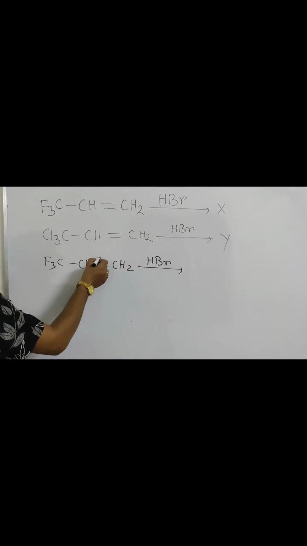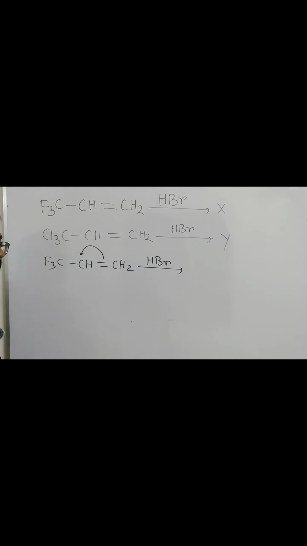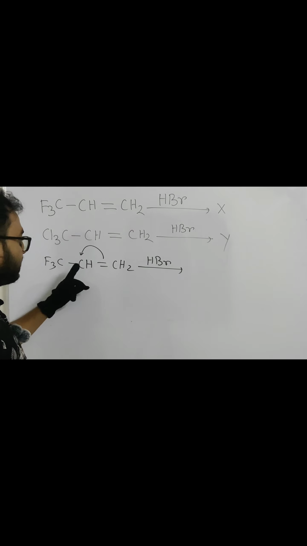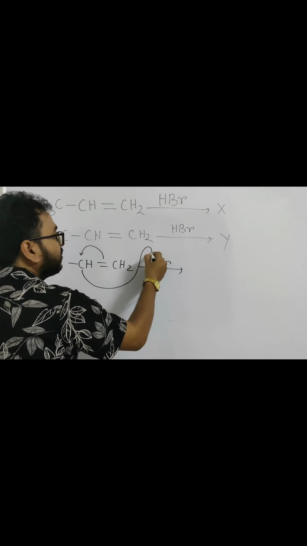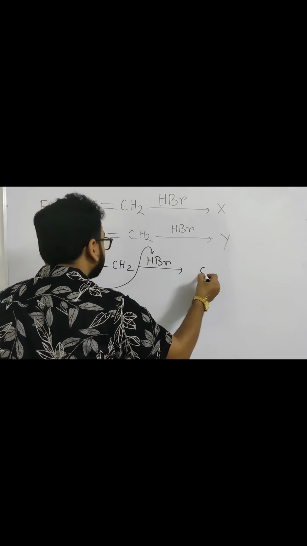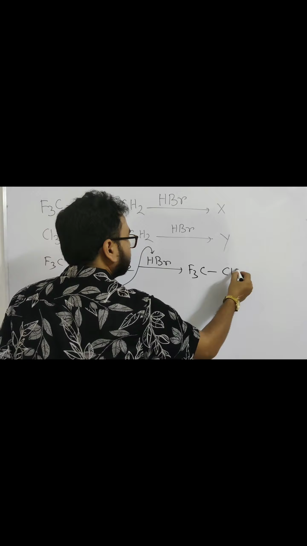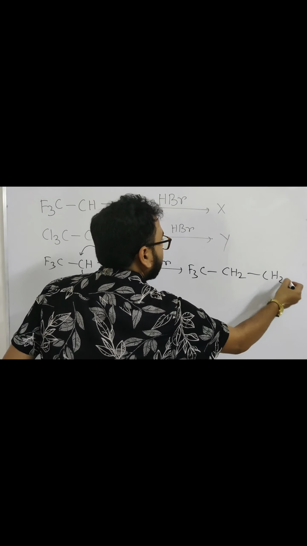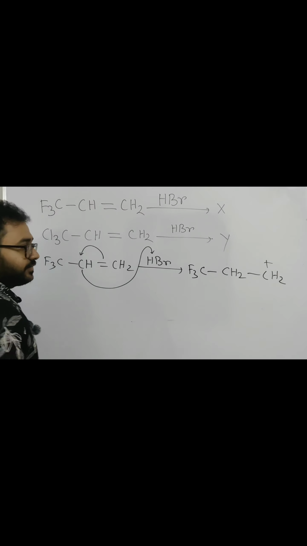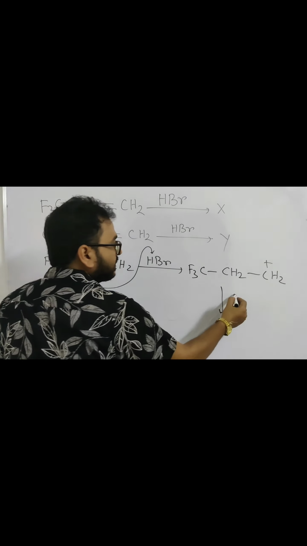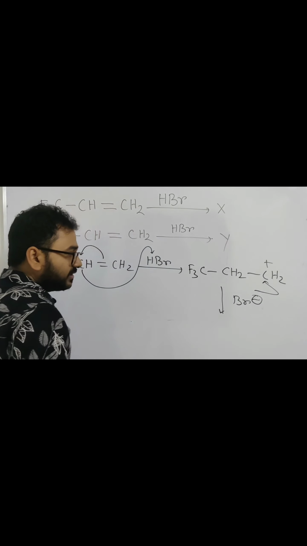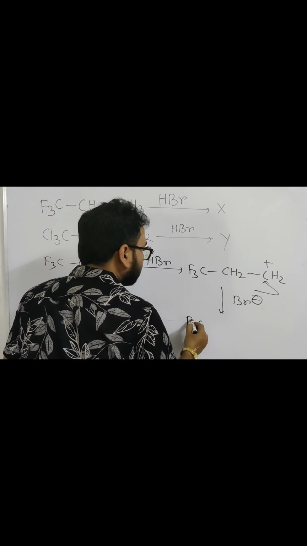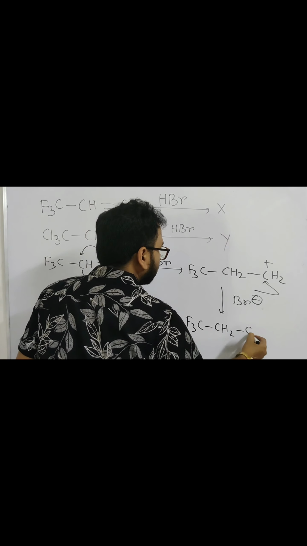Due to the minus I effect of the fluorine group, the arrow will move in this direction, and this carbanion readily attacks the hydrogen, and we get this as the intermediate product. Then in the next step the Br minus will attack the carbocation, which is a 1 degree carbocation, and we will get this product.